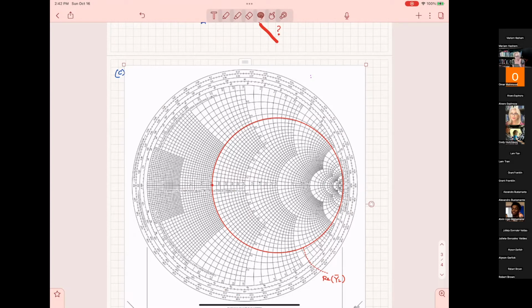And since we are using only admittances, then we can use positive up, negative down. If you were using only impedances, you can still do the same. That's why I ask you not to mix impedances and admittances on this next chart. Unless in the very beginning, when I give you the impedance, you have to use admittances, and instead of inverting, you go to the Smith chart and you go to admittances.